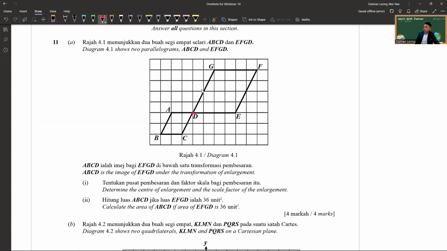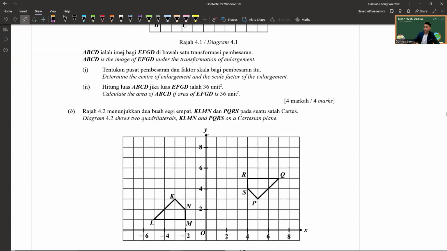The scale factor of enlargement would be negative because you see it's on the opposite side. Okay, one is this side, one is this side. So on the opposite side, then you look at the size change, it's double the size. So it means -2. Okay, center is D. ABCD is the image, half the size, -half.